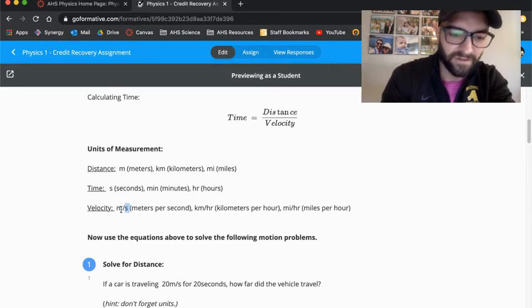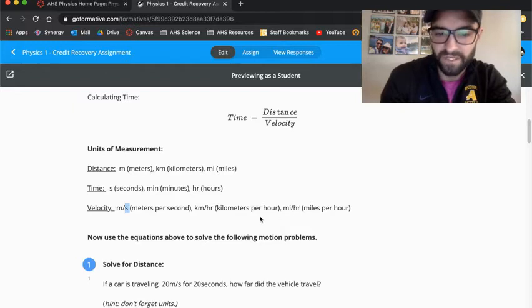It is going a certain amount of meters per second, or it's going a certain amount of kilometers per hour, or miles per hour. And technically, you can do any of the distances with any of the times, but these are the most common velocities that we're going to work with: meters per second, kilometers per hour, and miles per hour.